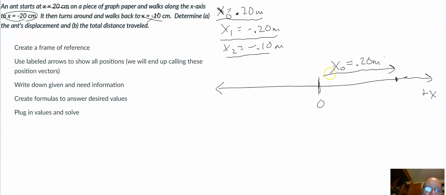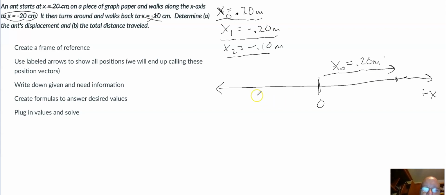Okay, so this arrow, and we'll call this a vector later on, this arrow shows that I am at a position of 0.20 meters. It doesn't say that I go from 0 to 0.2. It says that I am at 0.20 meters.